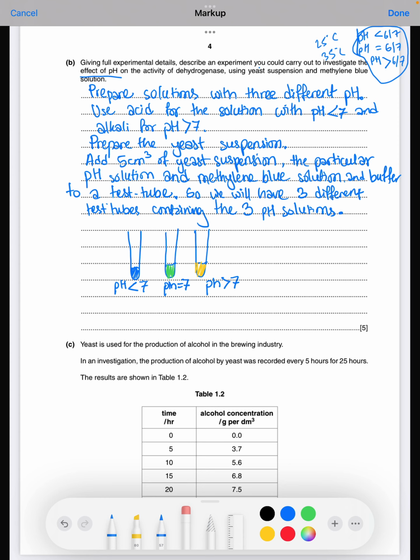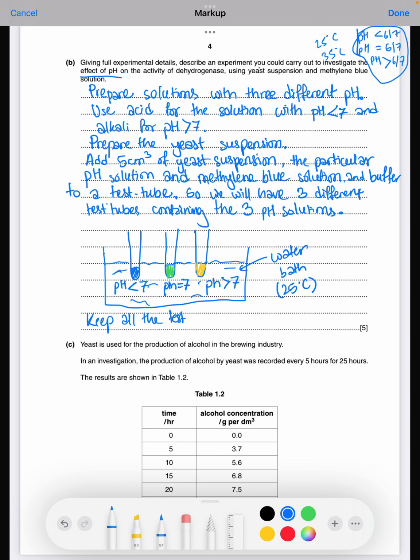We need to keep all the test tubes in the same water bath of, let's say, 25 degrees Celsius. So that is a water bath of 25 degrees Celsius. Keep all the test tubes at the same temperature.